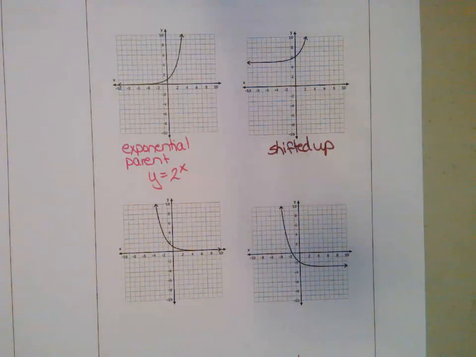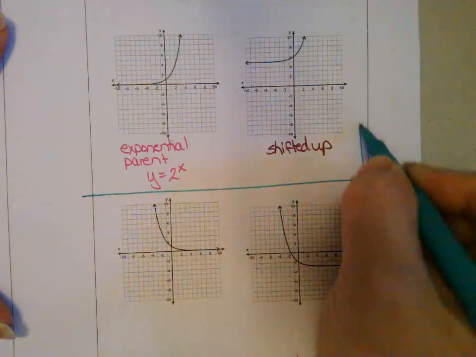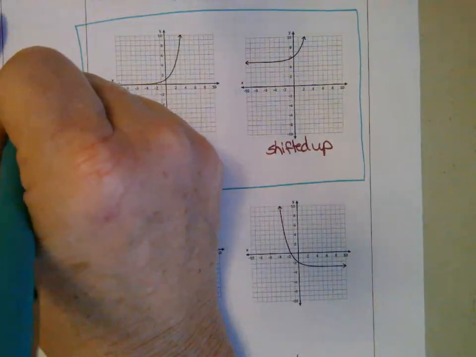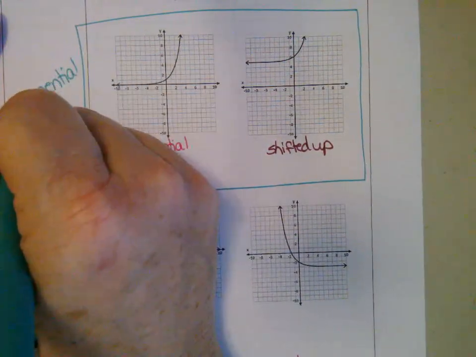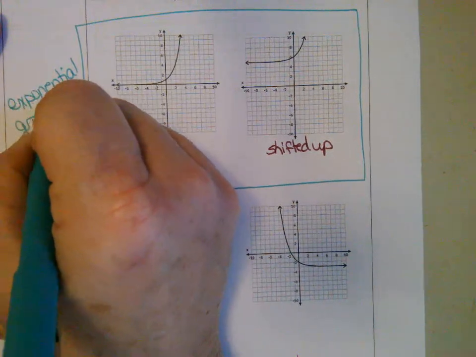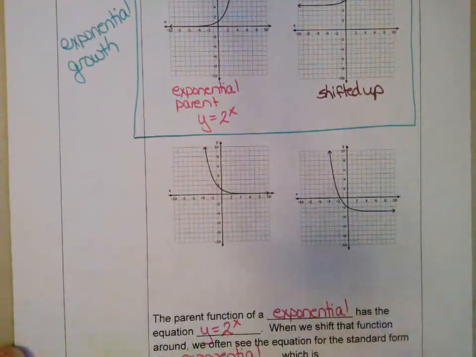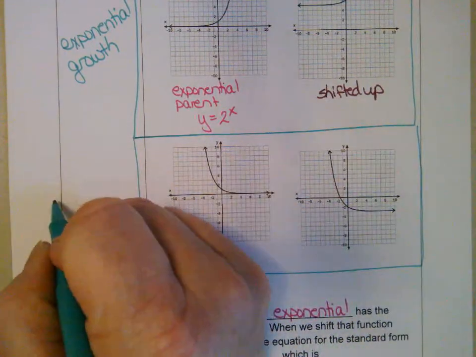Now these two look very different. And there's a reason for that. These two are called exponential growth. We start small and we grow quickly. But the bottom two are exponential decay.